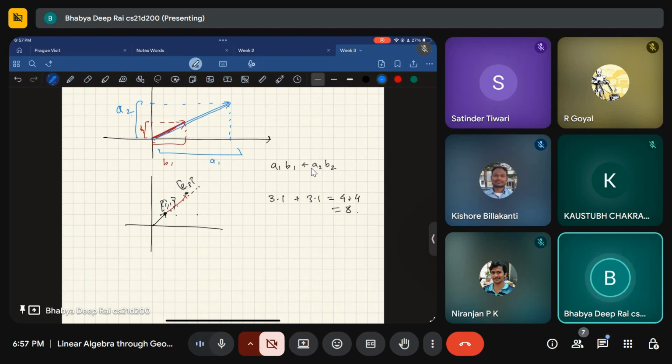It so happens that this is equal to, so what will be the lengths of each of these vectors?